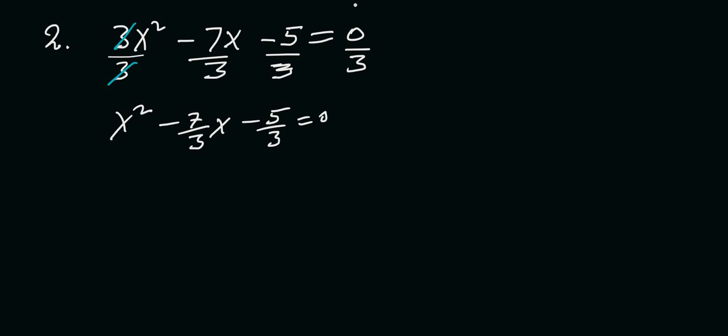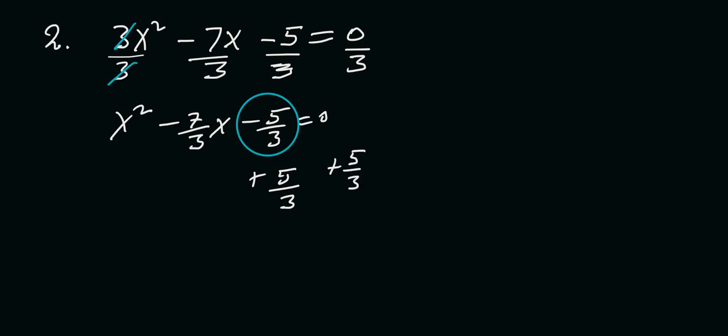So at this point, let's first of all eliminate negative 5 over 3 from here. Since it is a negative value, we can just add 5 over 3 to both sides, plus 5 over 3.